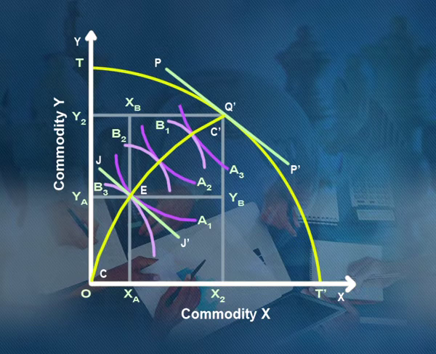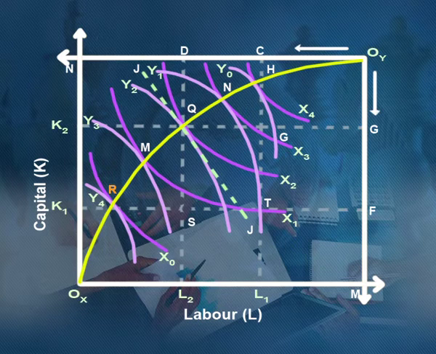Further, suppose the price of good X is rupees 20 and the price of good Y is 10, so that relative product prices are 20 by 10, which is 2 by 1, and the price of labor W is rupees 30 and the price of capital R is rupees 10. So, the relative factor price W by R is 30 by 10, which is equal to 3 by 1.